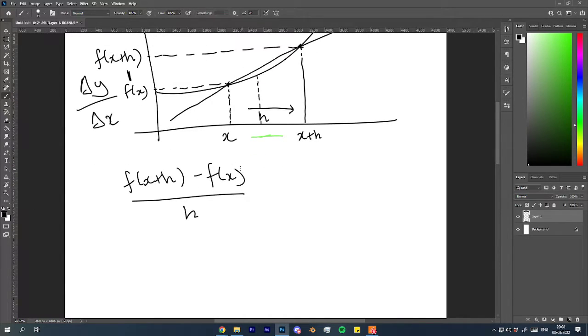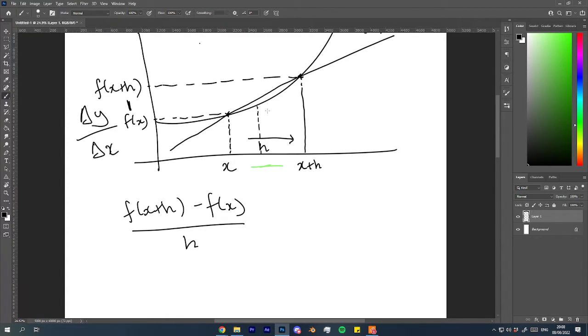Okay, so as I was saying, this is our gradient function for this line. As h approaches, it gets smaller and smaller. I'm just going to draw another tangent here. Tangent line, not tangent yet. Okay, our line slowly becomes just at that point.